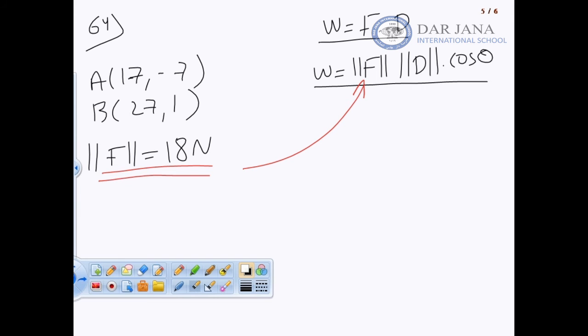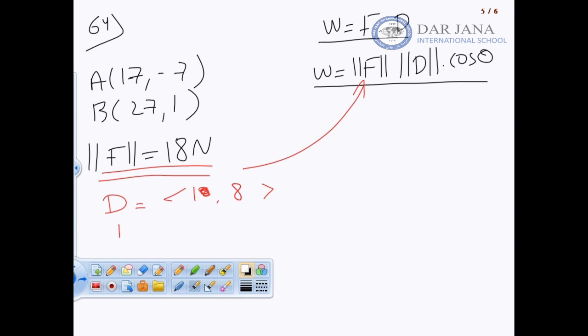Okay, let's continue. Let's find the displacement. Displacement will be 27 minus 7, which is 10, and 1 minus negative 7, which is 8.